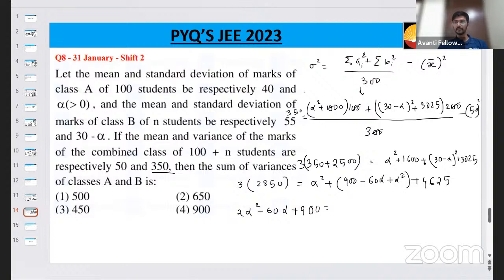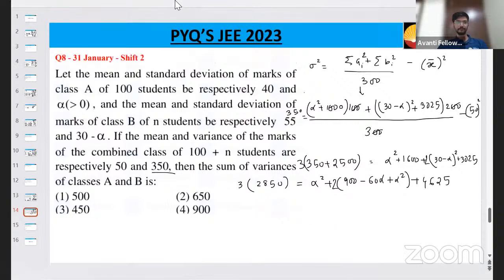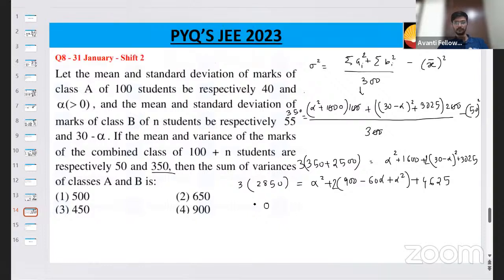I think we made an error, right? Here it should be 2 because 2 is left. So 2 is here. So we'll get 15,258 minus 4625 is equals to 3 alpha square minus 120 alpha plus 1800.